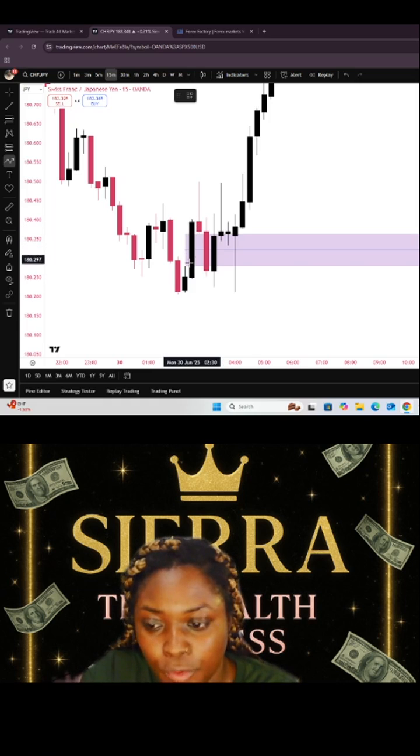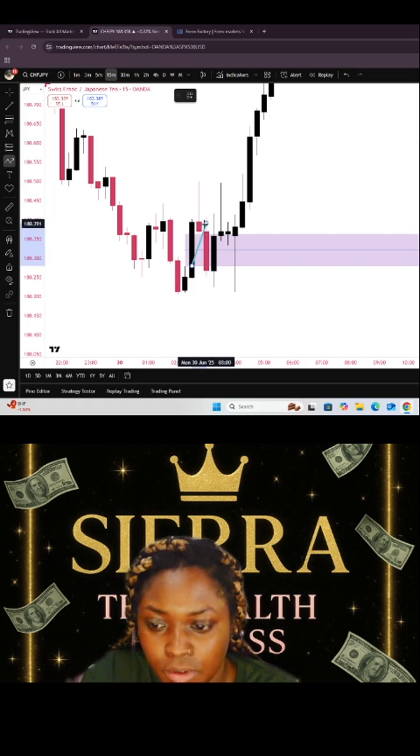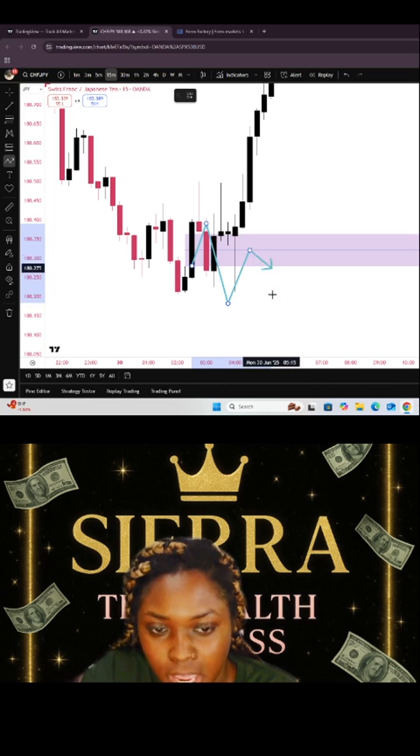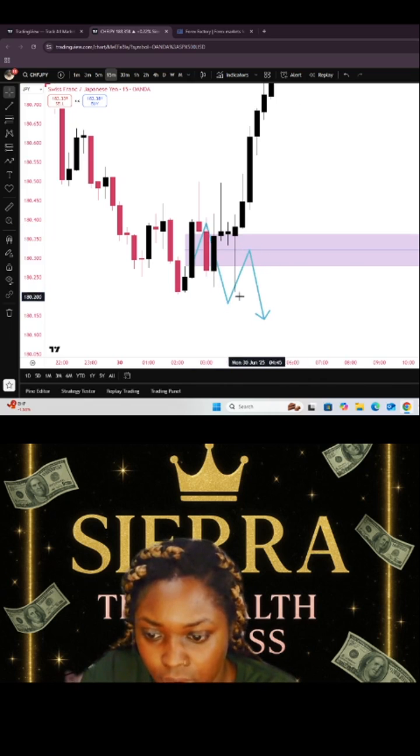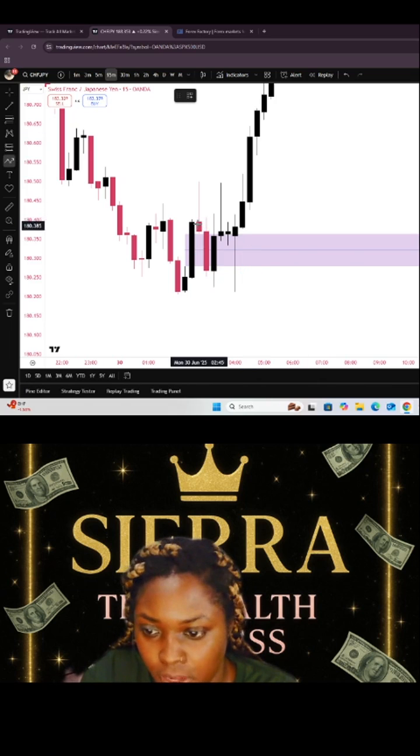But in order for this to become an inversion fair value gap and for price to sell, remember price has to come underneath and then retest and then close underneath. Okay? This one, it came underneath right here. It closed underneath, and then it bought, and the candle closed above this zone.